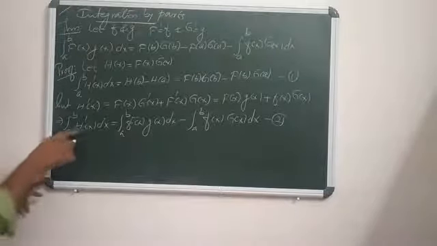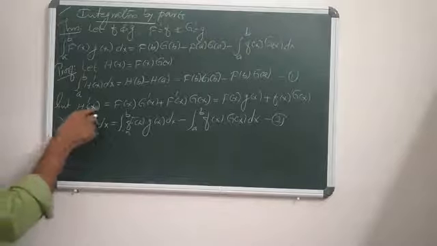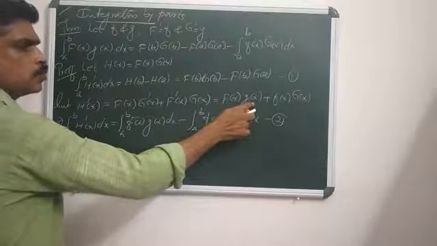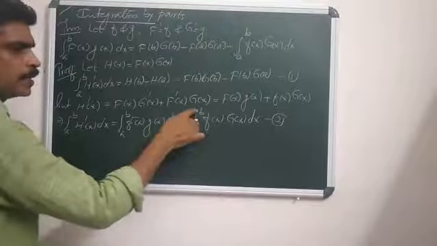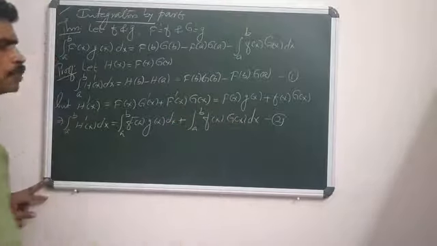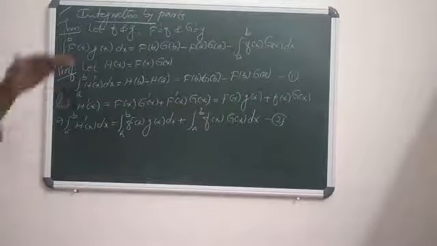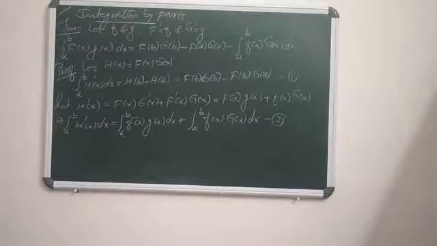So it is F of x, g of x plus small f of x into capital G of x. Therefore the integral from a to b of h dash x dx is the integral from a to b of F of x, g of x dx plus the integral from a to b of small f of x, capital G of x dx. Call this 2. Combine 1 and 2. What do you get?